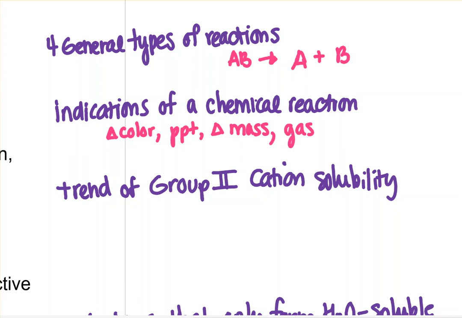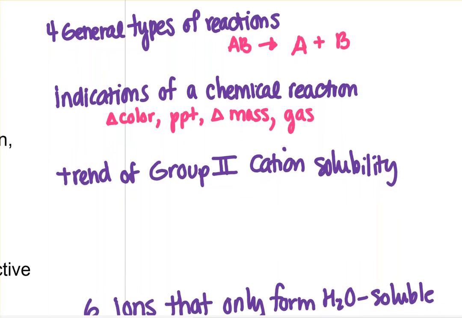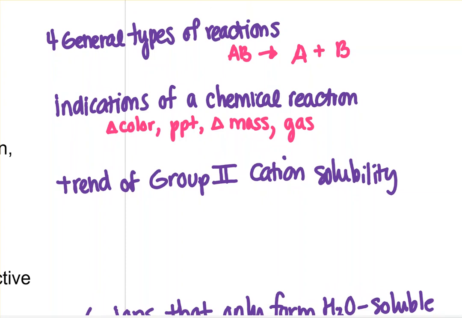Okay. You also need to know the trend of group 2 cation solubility. So if you look on the periodic table, you'll see that this is the order: magnesium, calcium, strontium, and barium. And we're considering the cations, so I'm going to put charges on these. They're all +2.